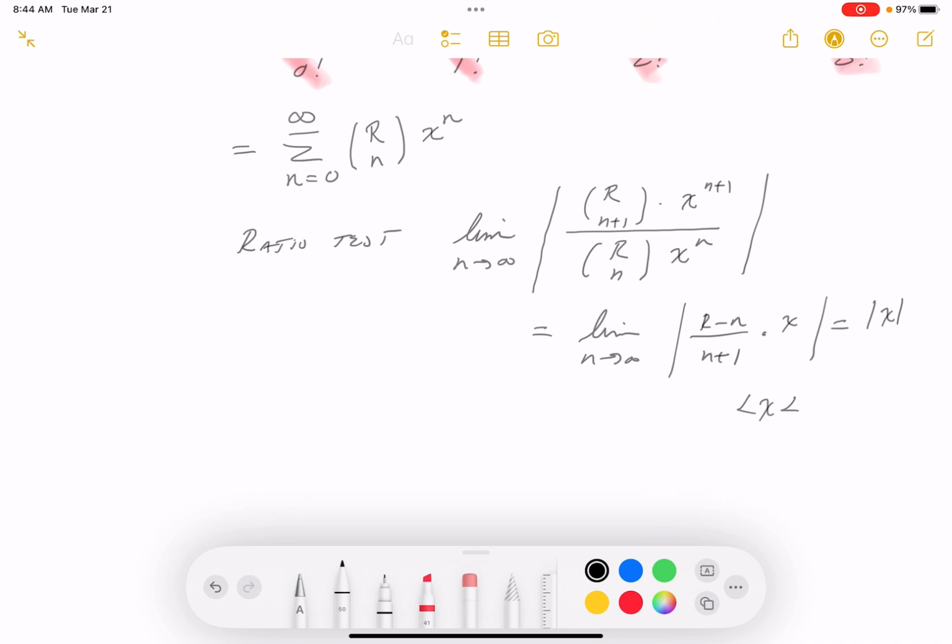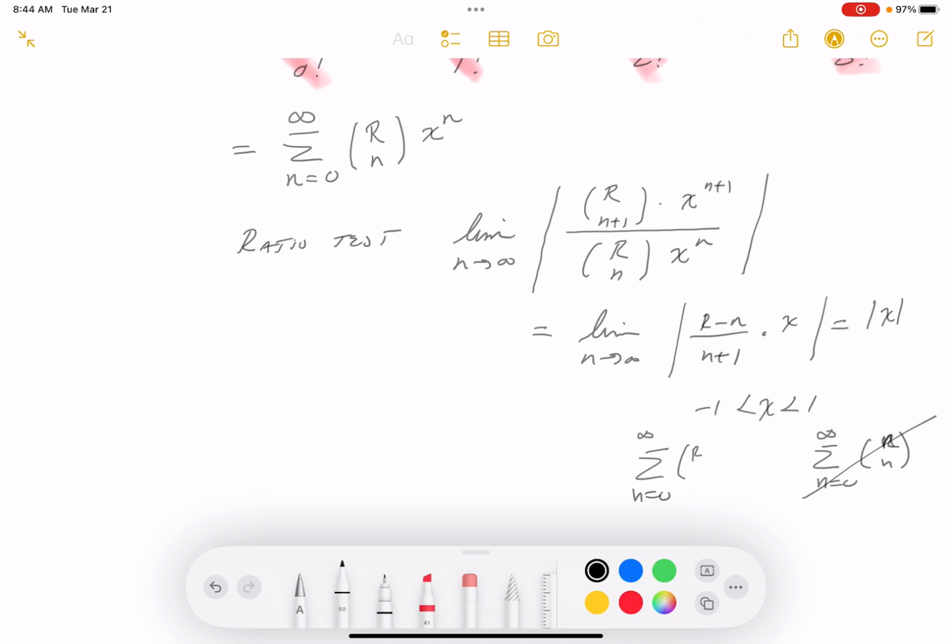I might have said something and wrote something differently, but x is between minus 1 and 1. So if you try 1 out, what do you get? You get the sum of these binomial coefficients. Oops, Rn. Well, that's going to diverge, right? And if I did the other one, that's also going to diverge, by the way.